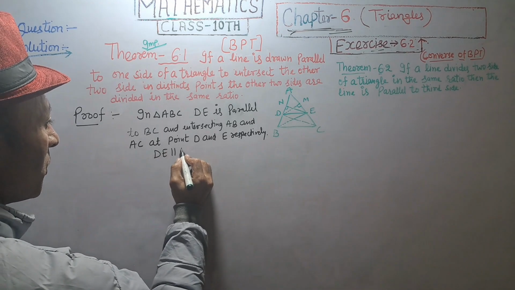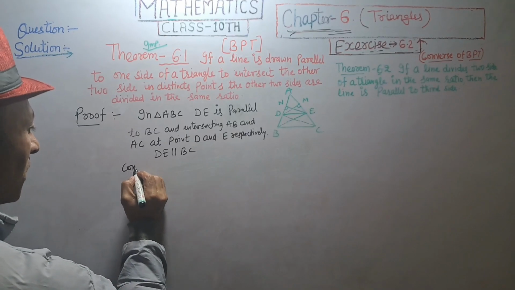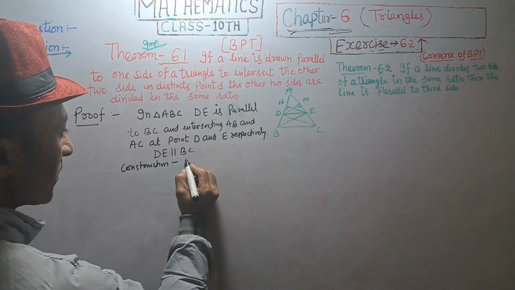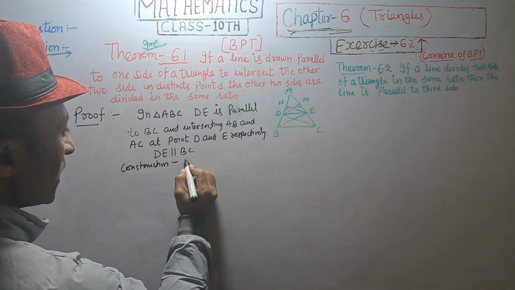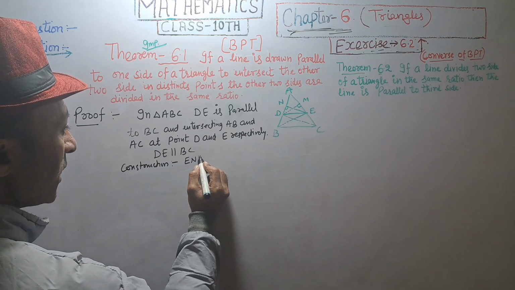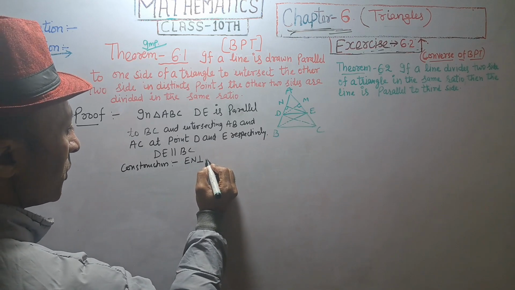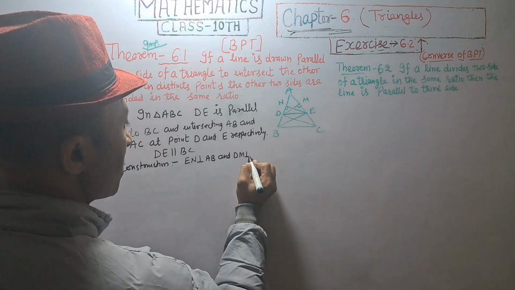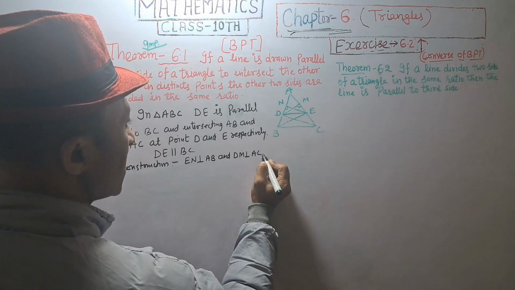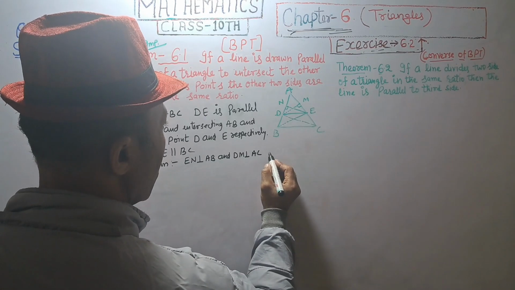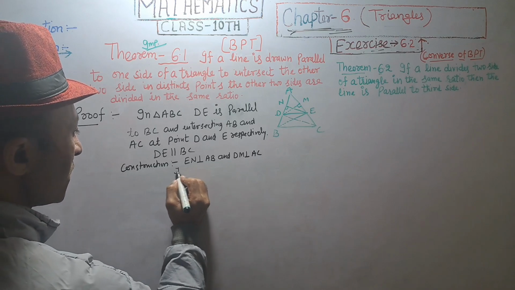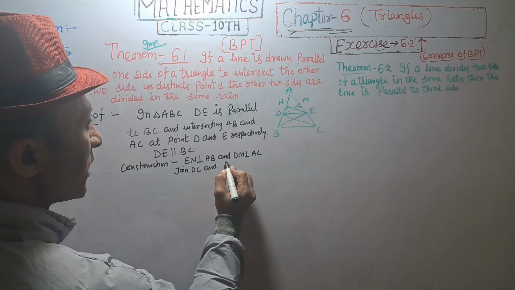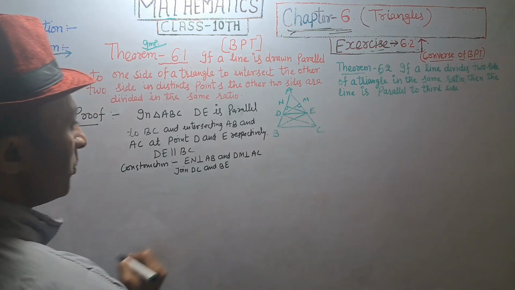DE is parallel to BC, by construction. EN is perpendicular to AB and DM is perpendicular to AC, and join DC and BE.